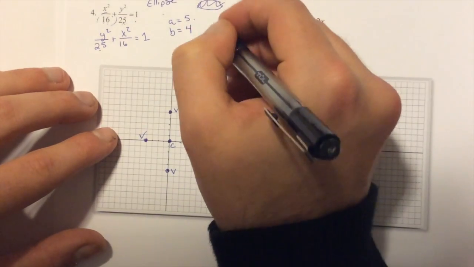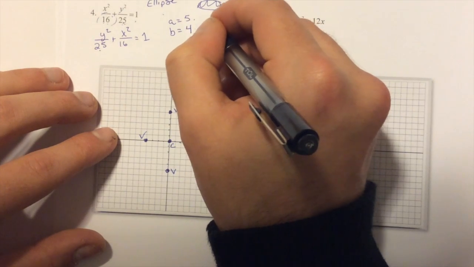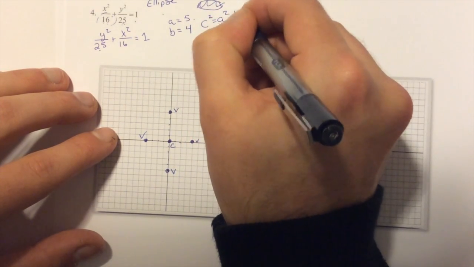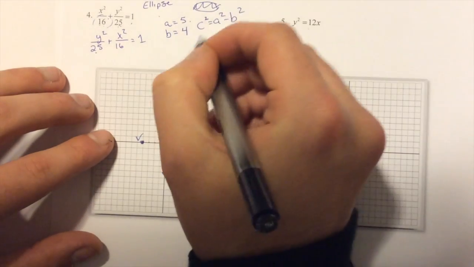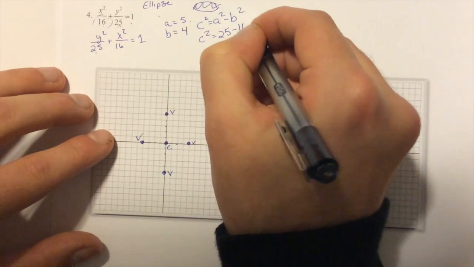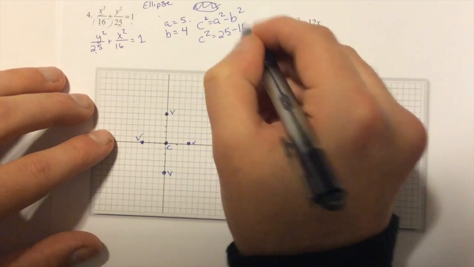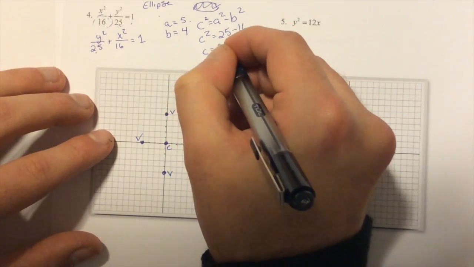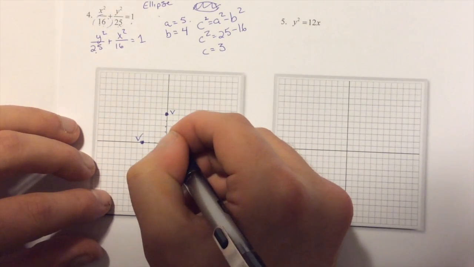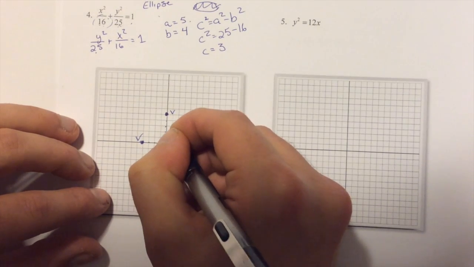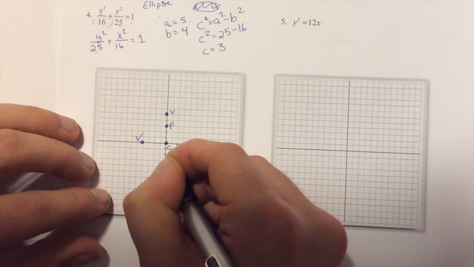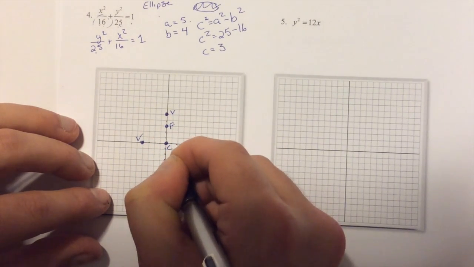To find c, I have c squared equals a squared minus b squared. So c squared equals 25 minus 16. 25 minus 16 is 9, so c equals 3. That means my foci are 3 up or down from the center. So I go 1, 2, 3. There's my focus. 1, 2, 3. There's my other focus.